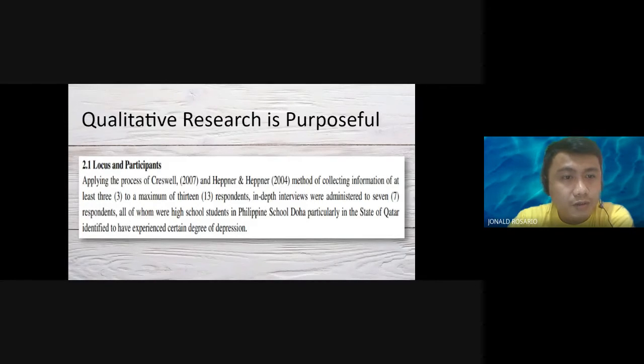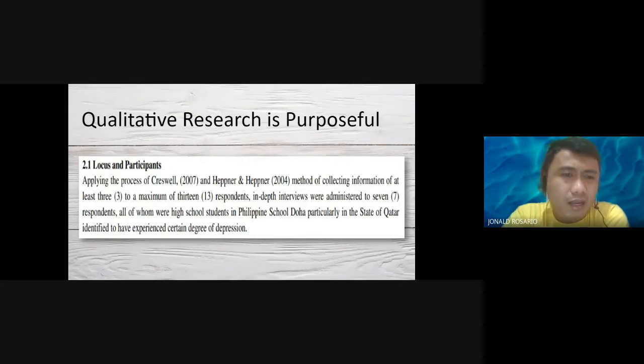So nandito yung author, applying the process of Creswell 2007 and Hepner 2004, method of collecting information of at least 3 to a maximum of 13 respondents. And the interviews were administered to 7 respondents, all of whom were high school students in Philippine School Doha, particularly in the state of Qatar, identified to have experienced certain degree of depression.